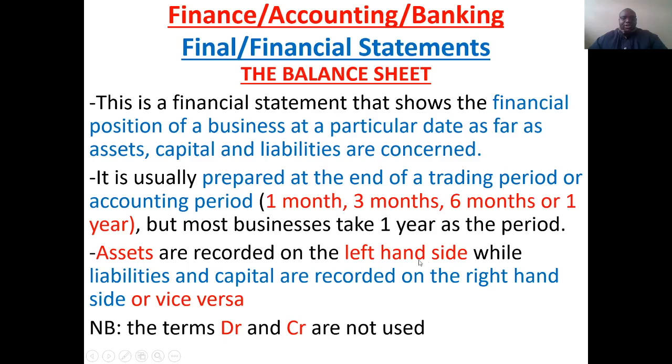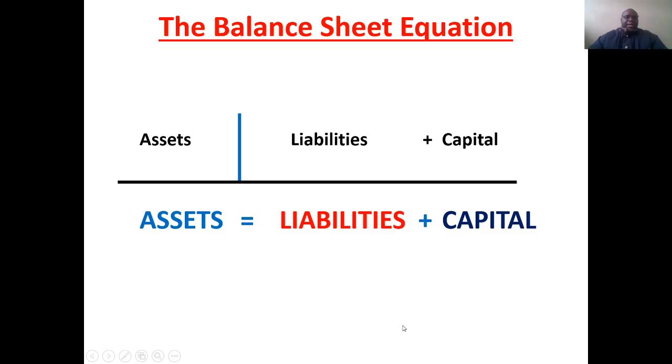Assets are recorded on the left-hand side of the balance sheet, while liabilities and capital are recorded on the right-hand side, or vice versa. You can present assets on the right-hand side and liabilities and capital on the left-hand side. The terms DR and CR are not used.